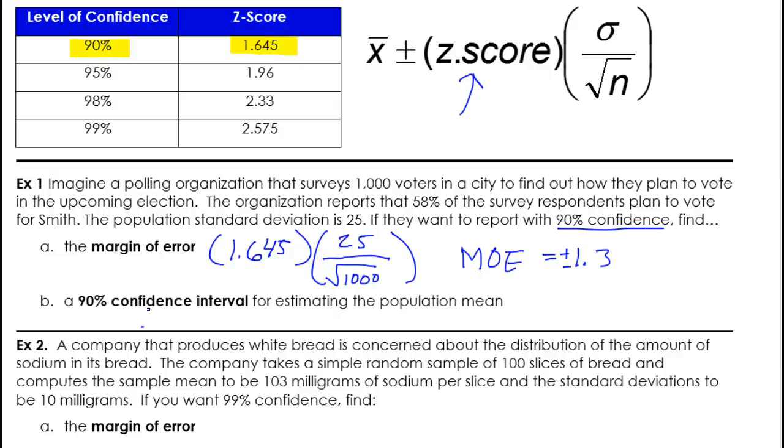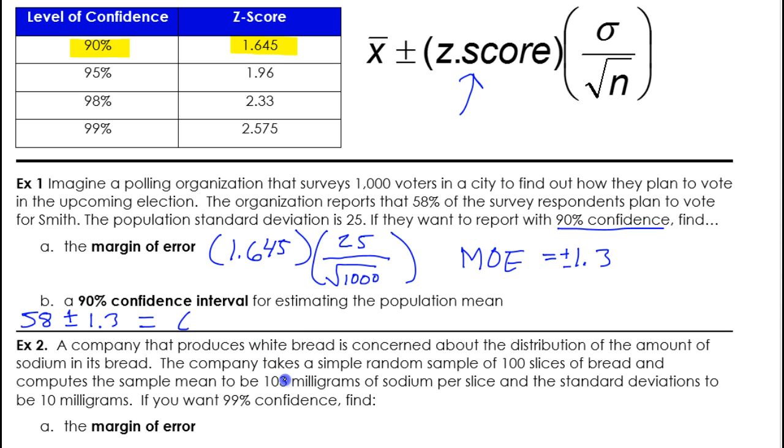Sometimes it'll be just a number, like an average, a mean, but sometimes it'll be a percent. So what were the results of the survey? 58%. 58% of the people said they were going to vote for Smith. So we will start with that number, the survey results, and then we will add and subtract our margin of error.